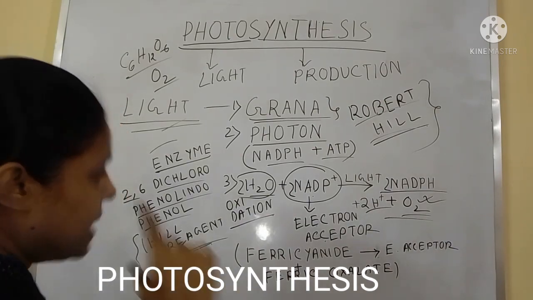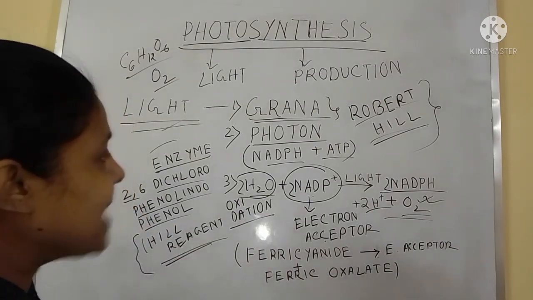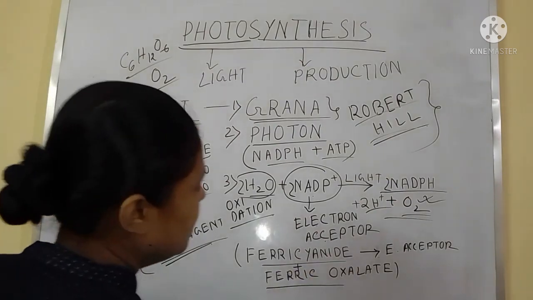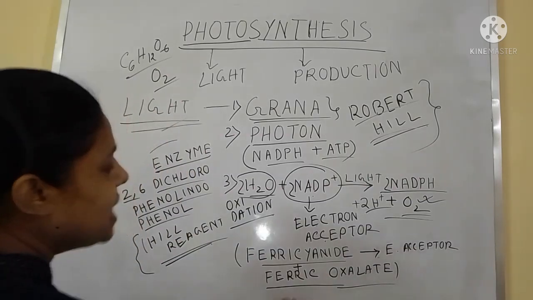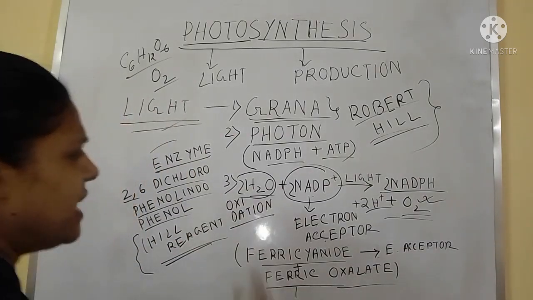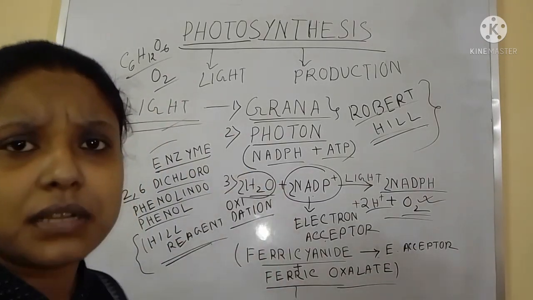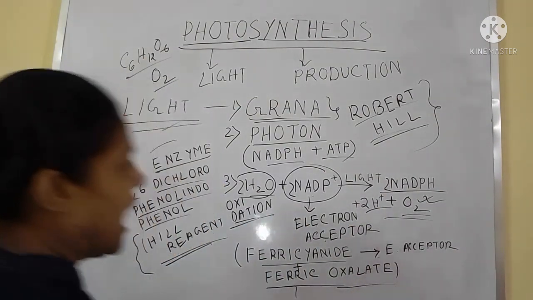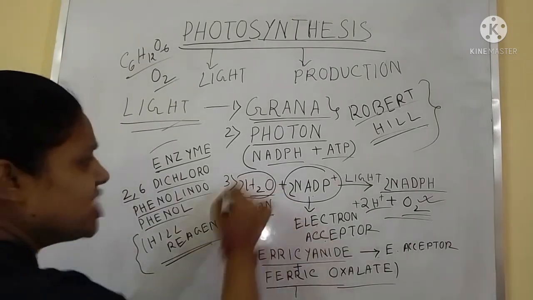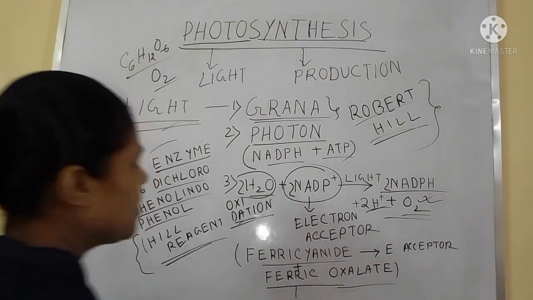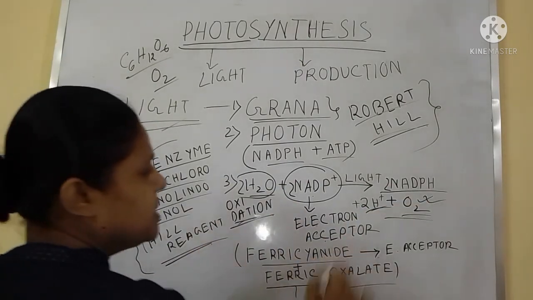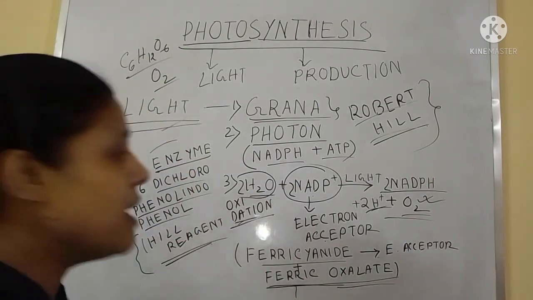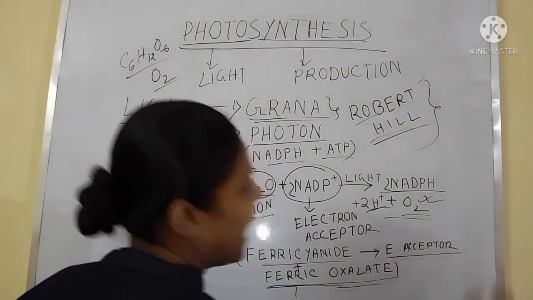Clear? And actually another electron acceptor is important here, that is ferricyanide and ferric oxide. These are the oxidants. Here the oxidation of water is possible. Oxidation why? Because oxygen is also formed here from H2O and H plus. Okay. So ferricyanide and ferric oxide both are used here as electron acceptors.